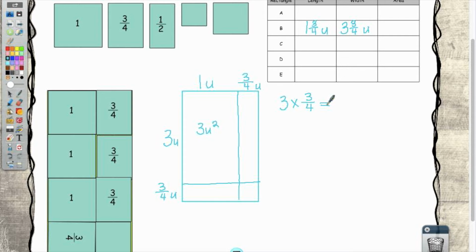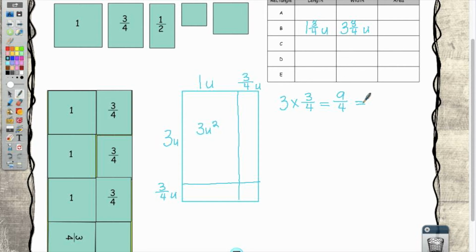I'm going to pull a stick. George A. Tell me the fraction and then the mixed number. What's 3 times 3? 9/4. Remember, when it's a whole number times a fraction, you don't change the denominator. So it's 9/4.